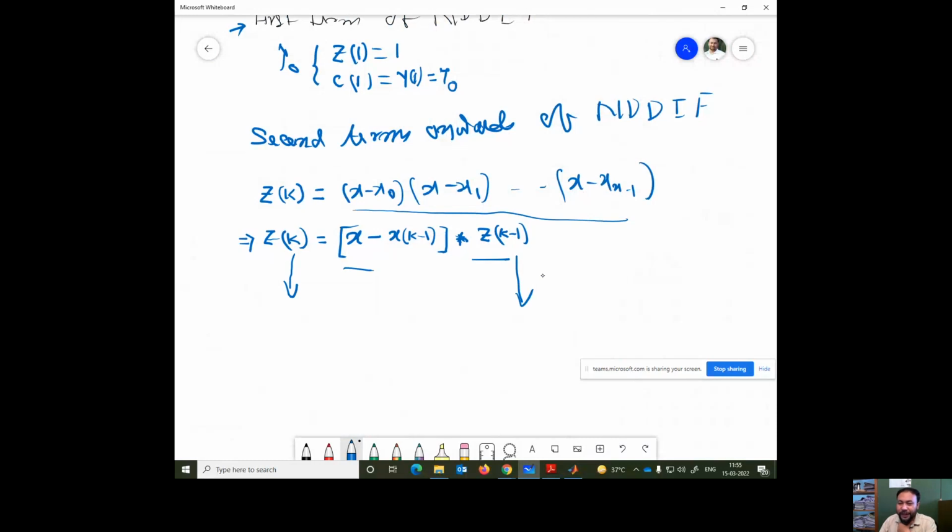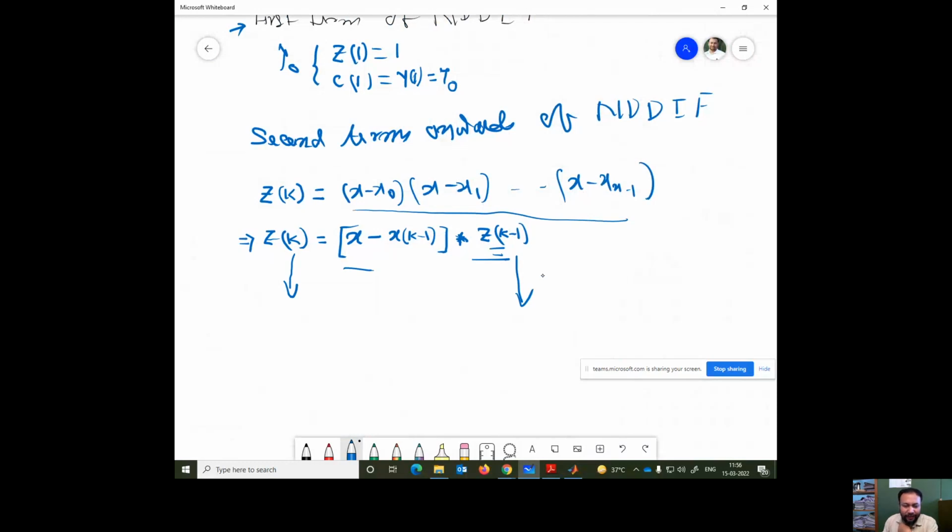Then z2 can be calculated if I have z1, and z3 can be calculated if I have z2.